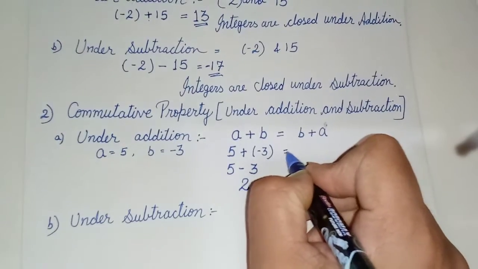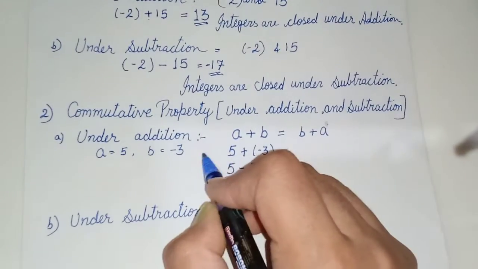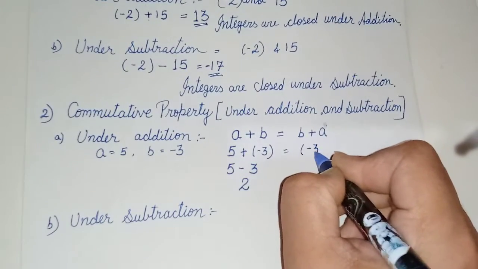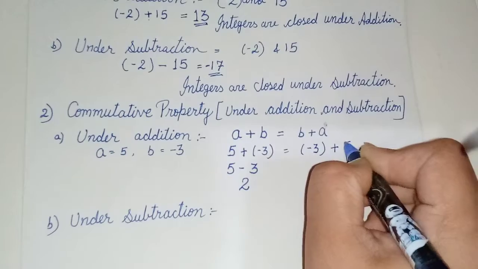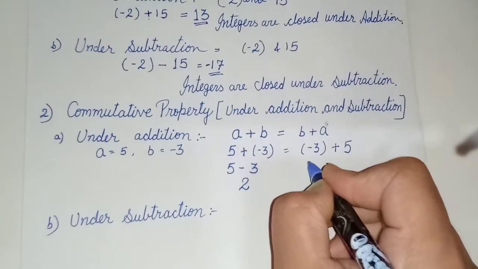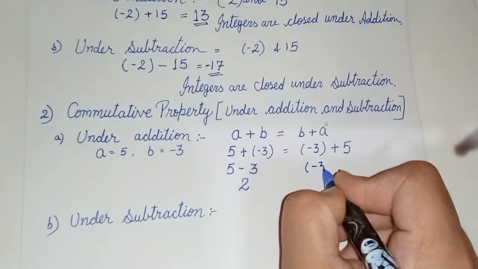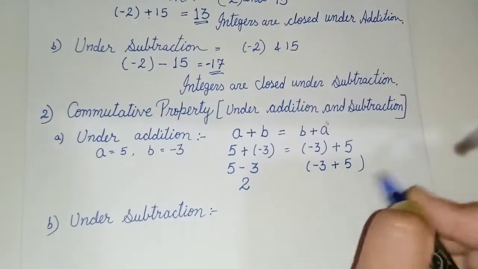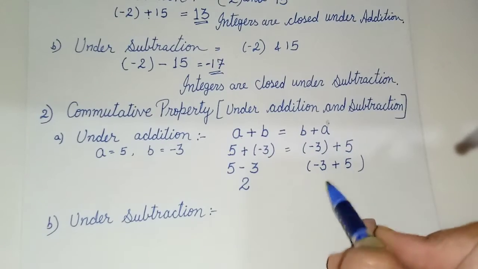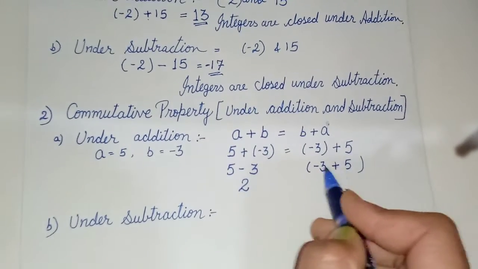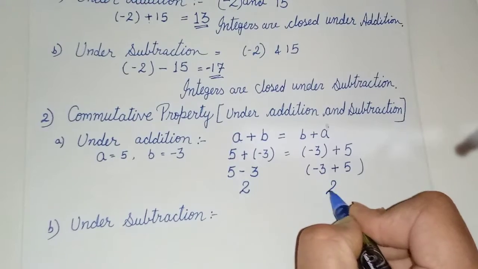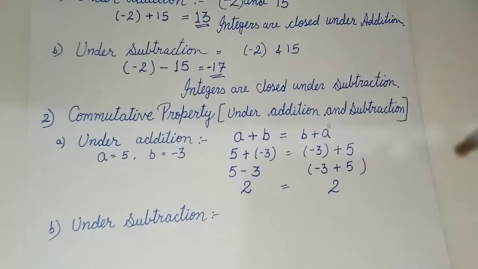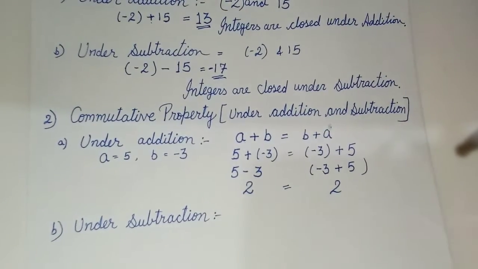Now let us check what would happen if we do the second number plus the first number, that is B plus A. So that is B plus A, -3 plus 5. Different signs, one negative, one positive, so subtraction will be there, and the difference between them is 2, and the greater number is positive, so this answer will remain positive only. So we have seen here that the left hand side is equal to the right hand side.